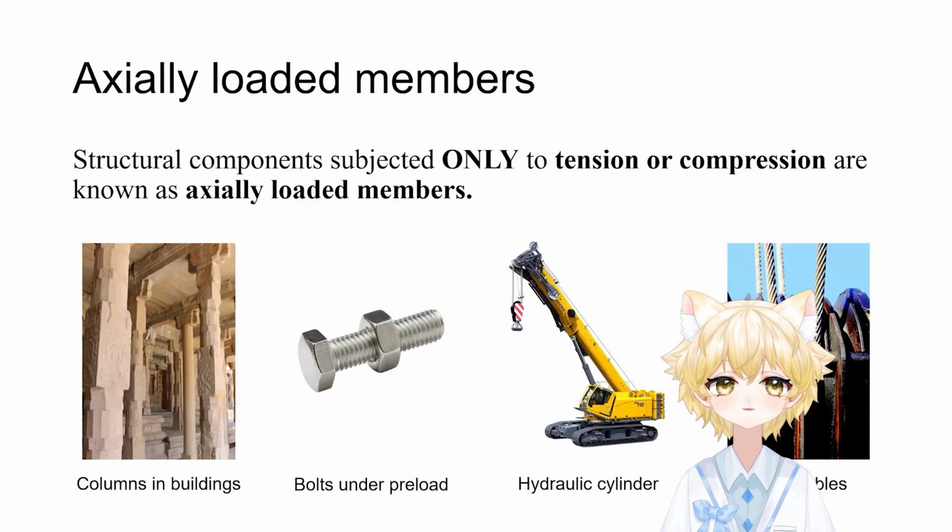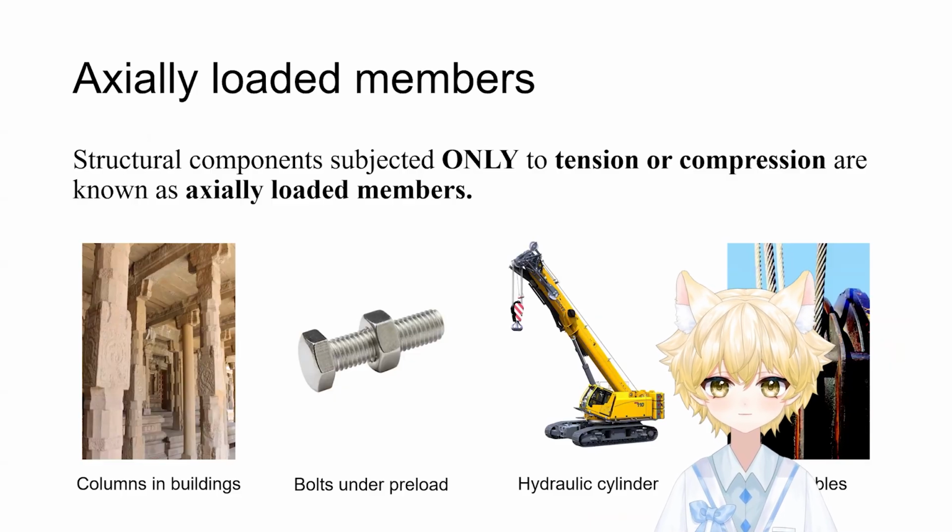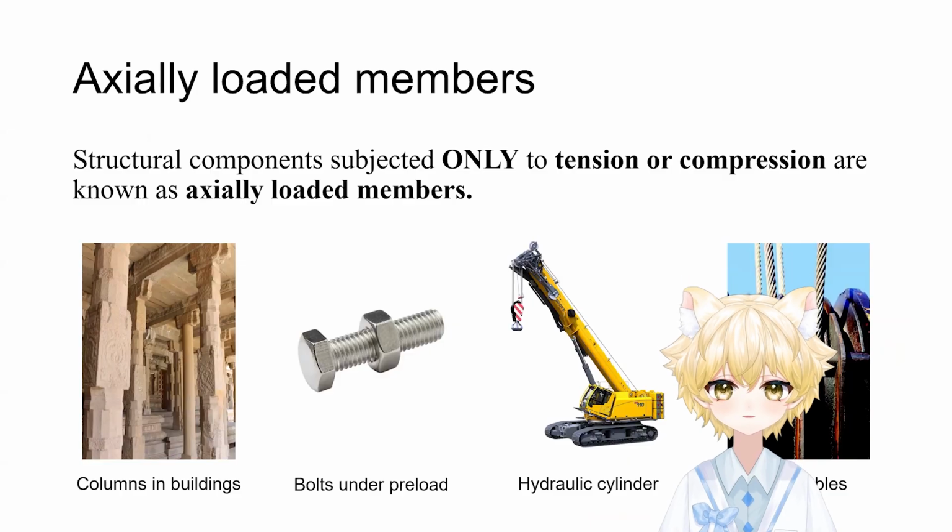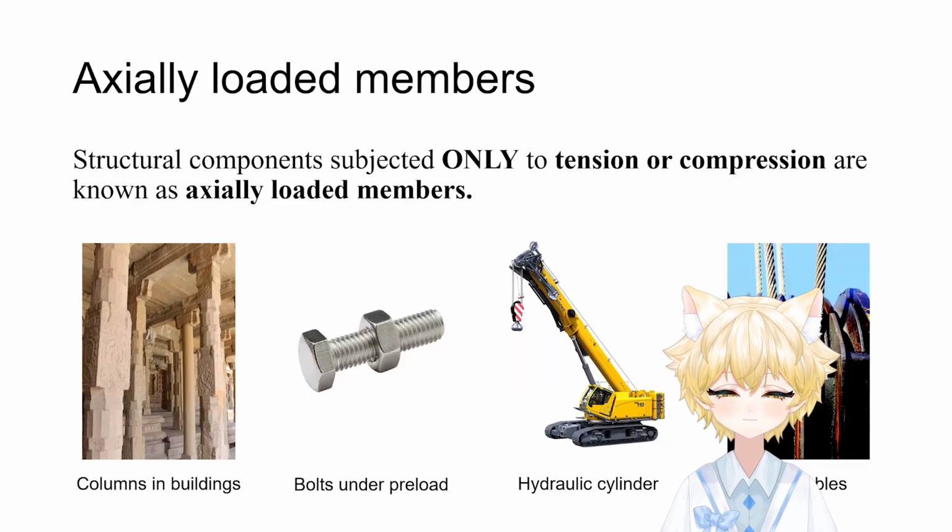By doing this, the math does the sign convention for you automatically. Now that we have cleared up the sign convention and the ground rules, we are ready to dive into our first major topic of this semester, the axially loaded members. The definition is simple. These are structural components subject only to tension or compression. There is no bending and there is no twisting. The force acts directly along the longitudinal axis of the part.